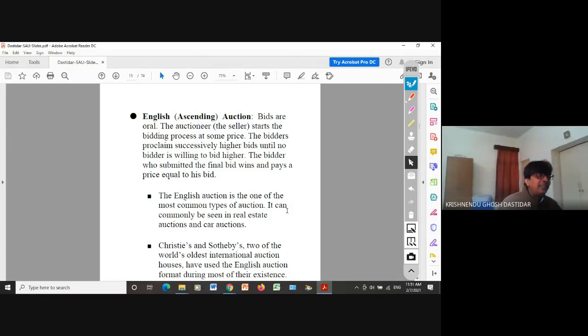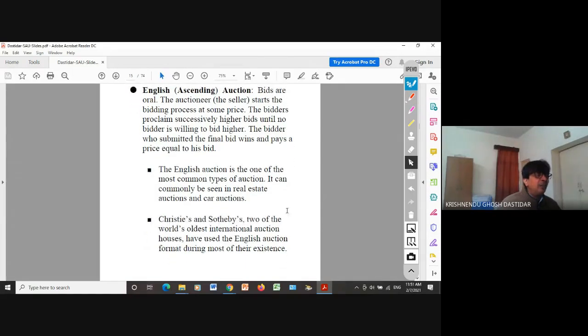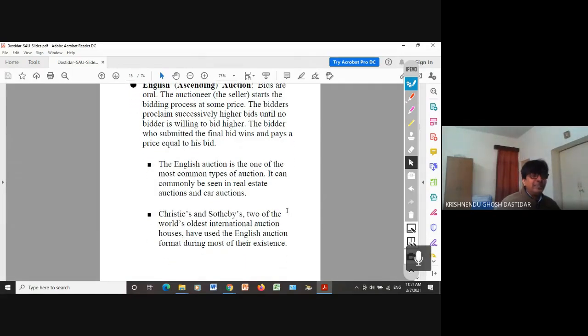Christie's and Sotheby's, the world's oldest international auction houses, have used the English auction format during most of their existence. If you read newspapers, all the great painters' paintings, when they are auctioned off, are always auctioned using English auctions: Dali's, Picasso's, all kinds of things. I mean, Princess Diana's jewelry, everything.